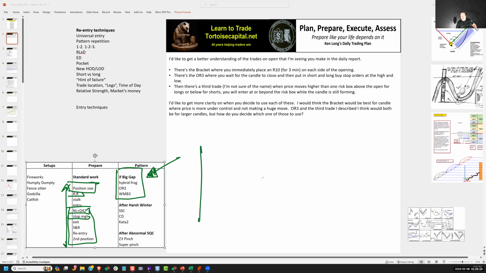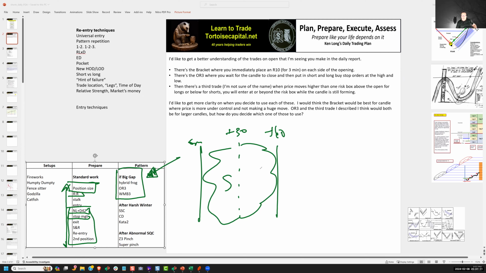Then after, here's the open, and then somewhere out around 30 minutes or 60 minutes, all the smoke has cleared, and now these things are starting to move, and you're making your move. You can go back in here and see, there was the low.